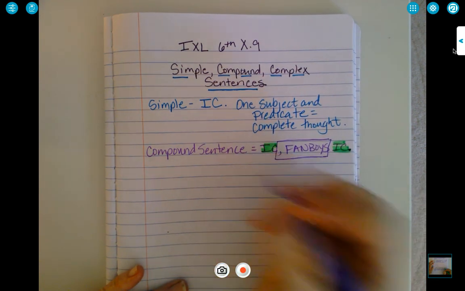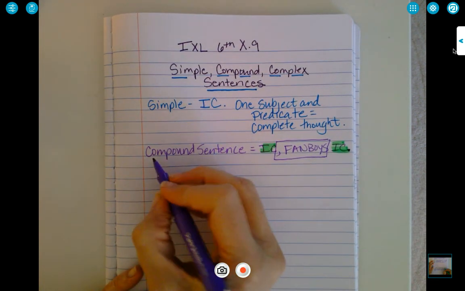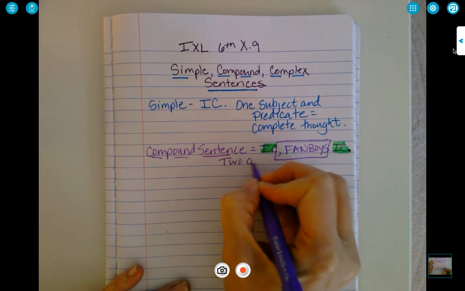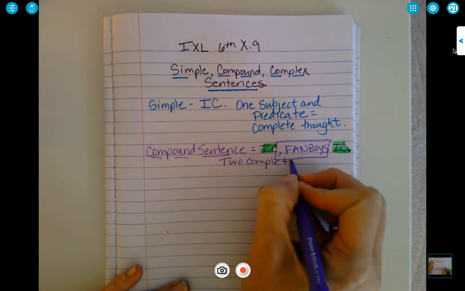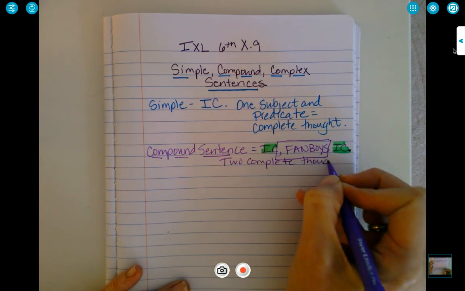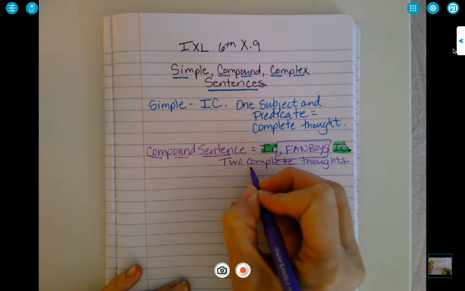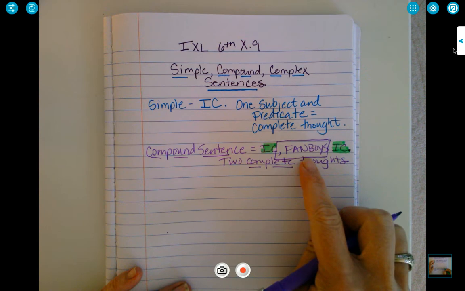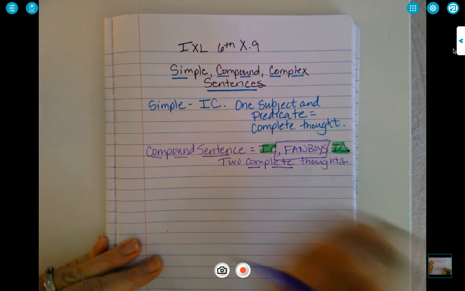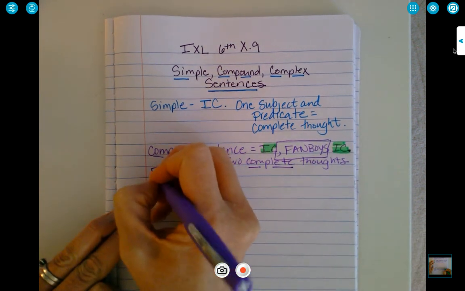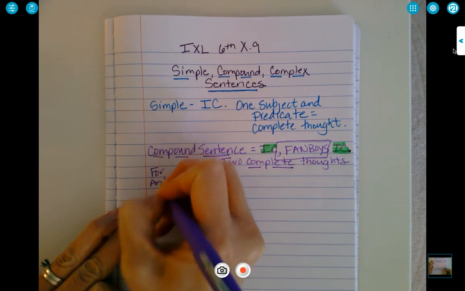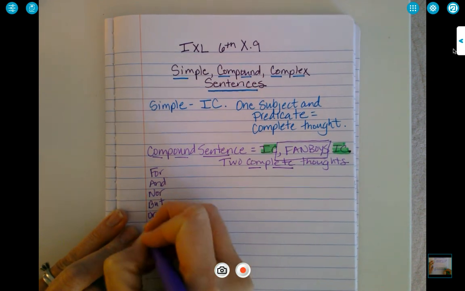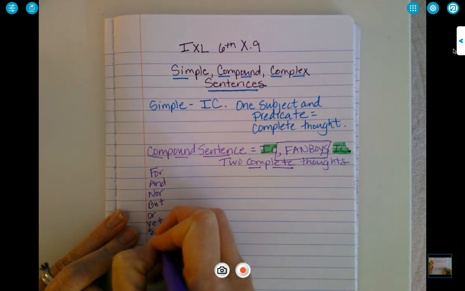So a compound sentence actually has two complete thoughts, two complete thoughts separated by a comma and a fanboys, or a coordinating conjunction. And remember that the fanboys are for, and, nor, but, or, yet, and so.